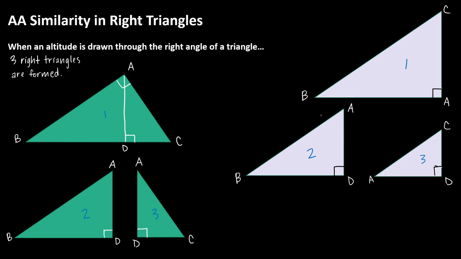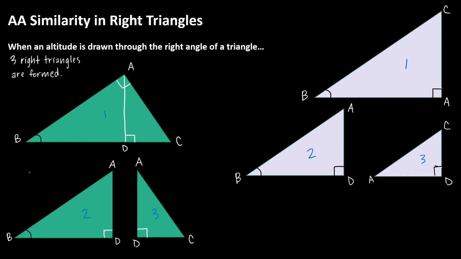But let's look at the relationship between triangle 1 and triangle 2, the bigger triangles. I'm noticing that angle B is shared among these triangles. If I look back to my previous diagram, I can see that angle B is shared, so it's overlapping.